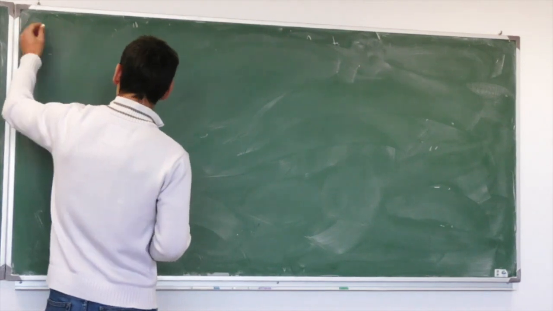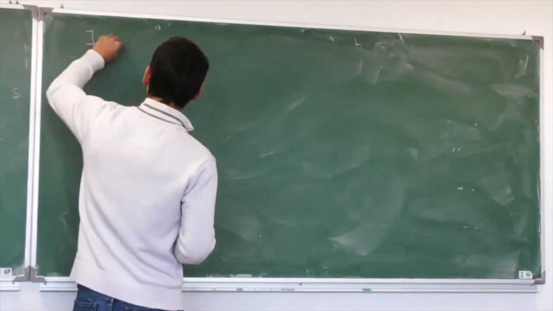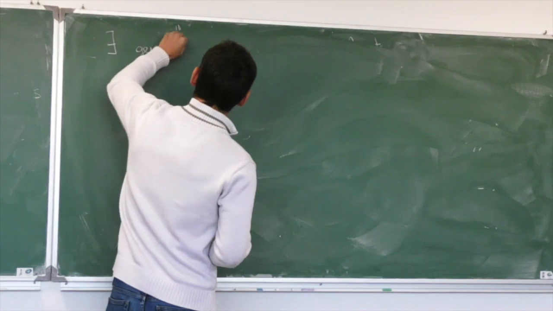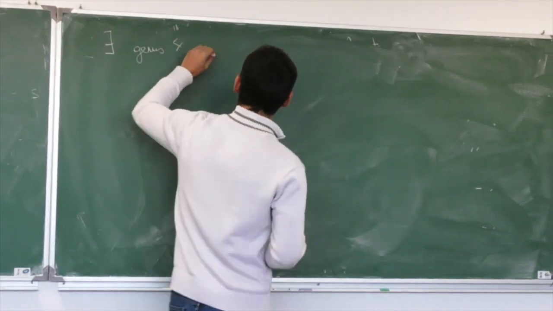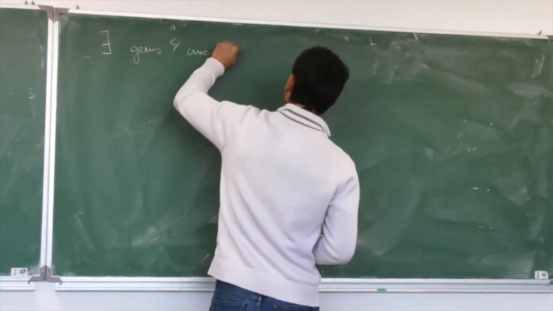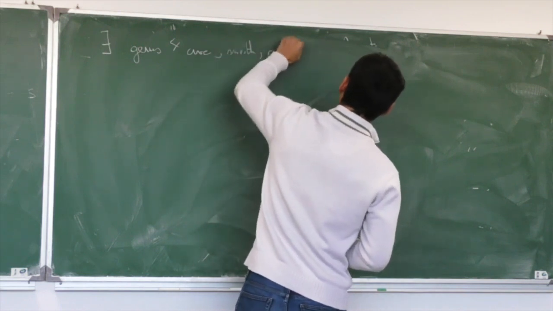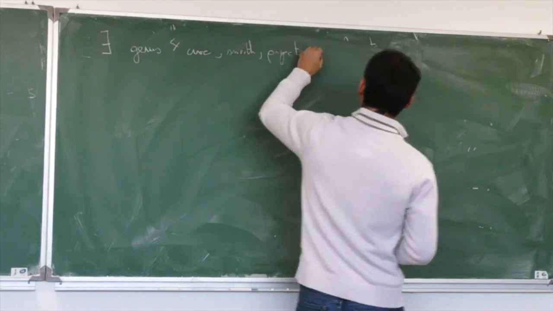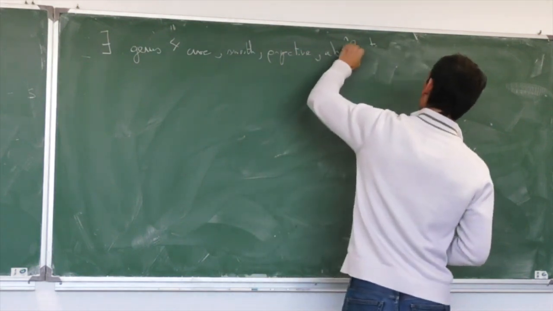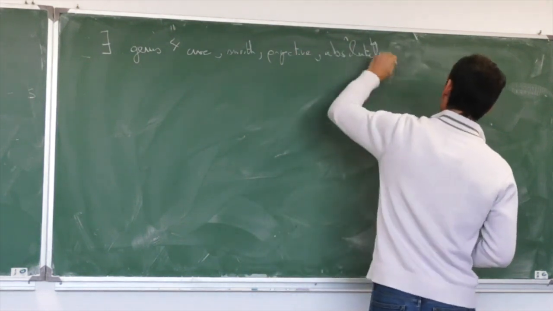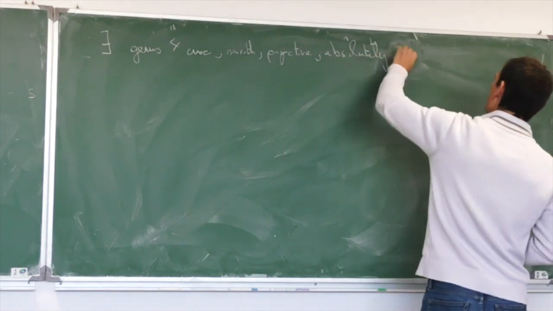I'm saying that there exists a genus 4 curve, smooth, projective, and absolutely irreducible. So it's going to be a nice curve for us, absolutely irreducible here.